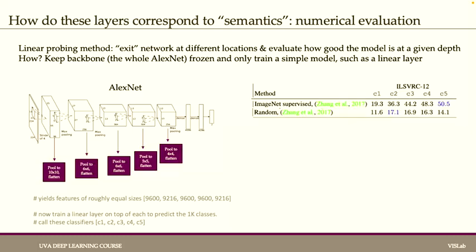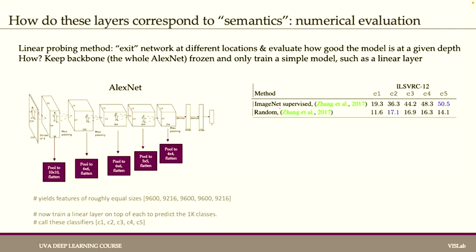And what you see is the following. For ImageNet, for example, if you take a model which was trained on ImageNet, and then you evaluate, okay, how good at various stages are the features for predicting ImageNet? You can see that indeed, the deeper you go, the better it gets. And I'm just adding another evaluation here, which is a randomly initialized neural network. First of all, you get not zero performance, right?